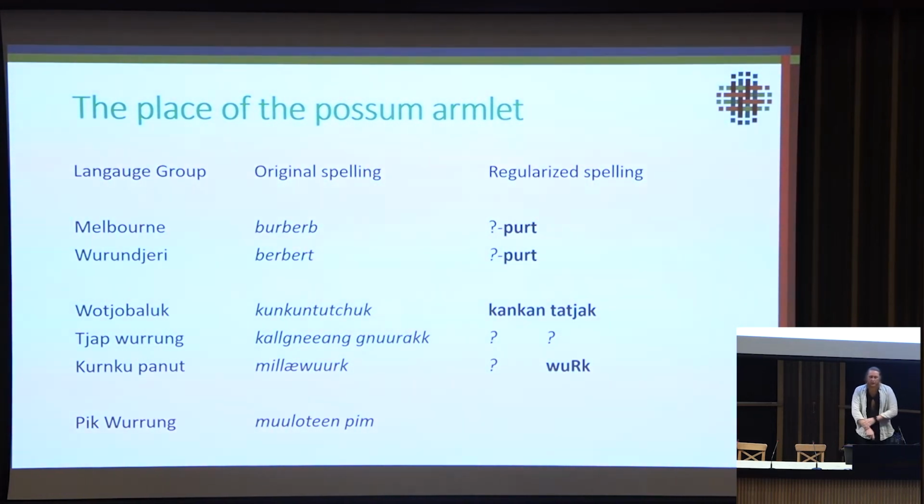We've got the Bruggeman example, which we're lucky, Howard actually tells us what this word means, and he says it means to tie up the arm. And when we check with other sources like Louise Hercus's work on Wagaya, we can confirm this, and kankan means to tie, and tajak is the arm.